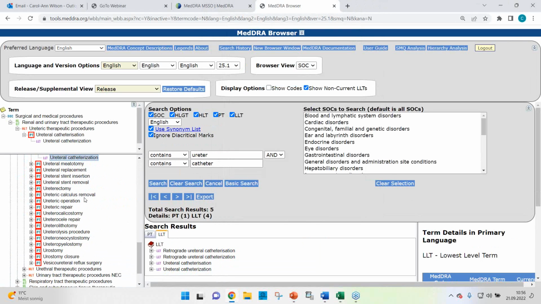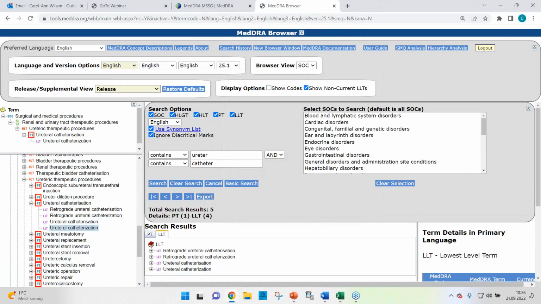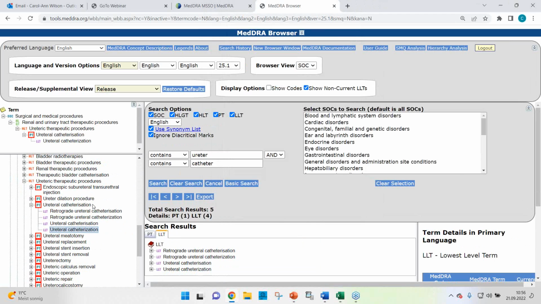the surgical medical procedures SOC, that's fully correct. And here we have the ureteral catheterization. And there's no more specific term, there's a retrograde ureteral catheterization. But we were told that this is actually a stent that is inserted into the ureter.